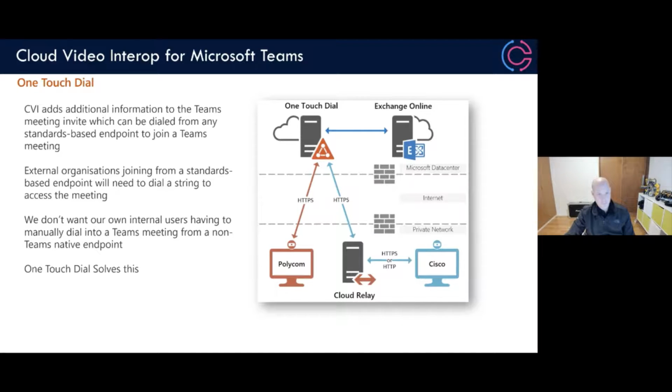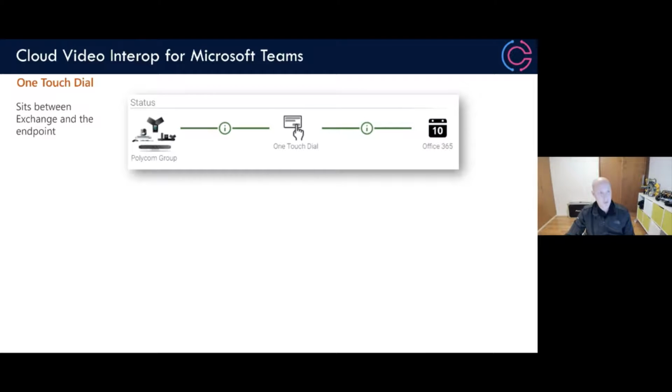And with that in place, if I look at a screen grab here, this screen grab is actually from the OneTouchStyle portal where I configure this, and you'll see that we have Office 365 communicating with OneTouchStyle, OneTouchStyle communicating with my, let's call it a legacy group system endpoint, non-Teams native endpoint.